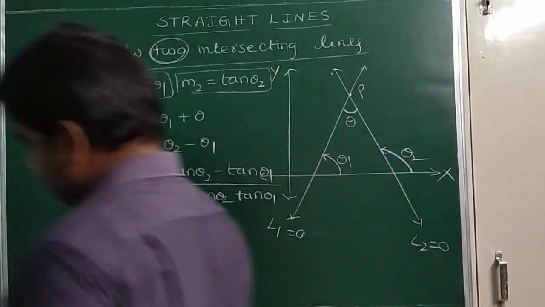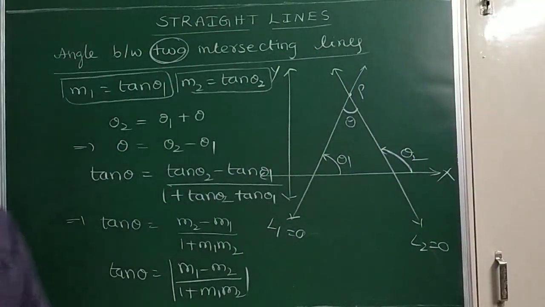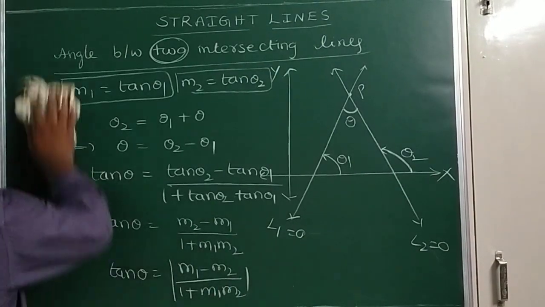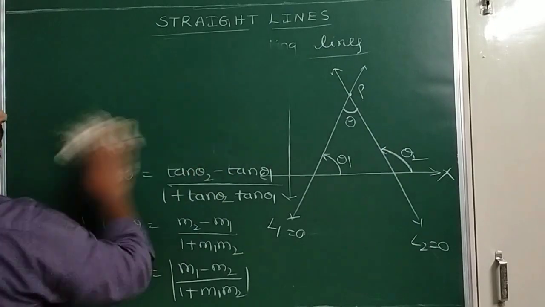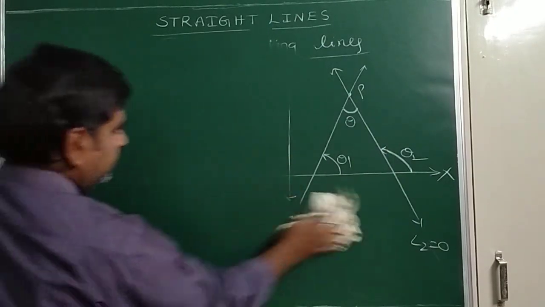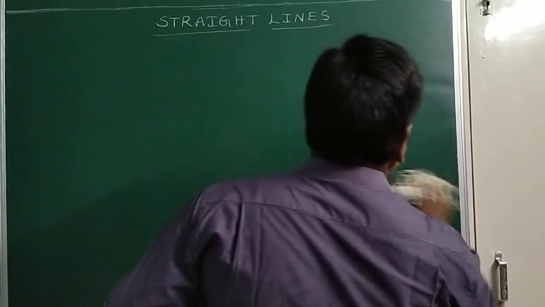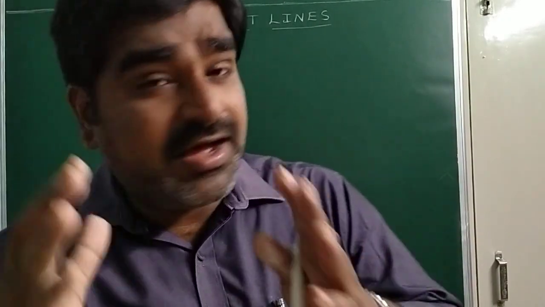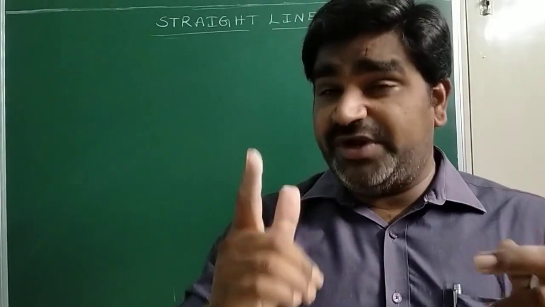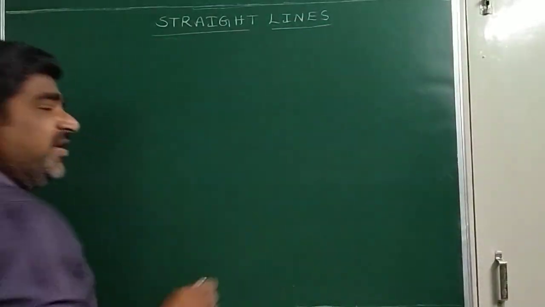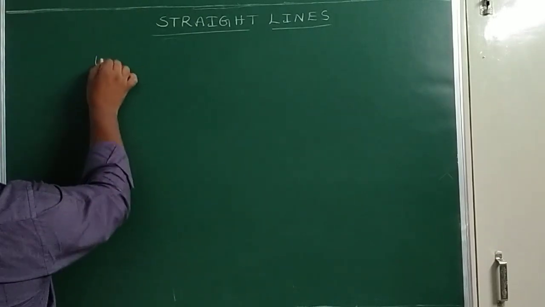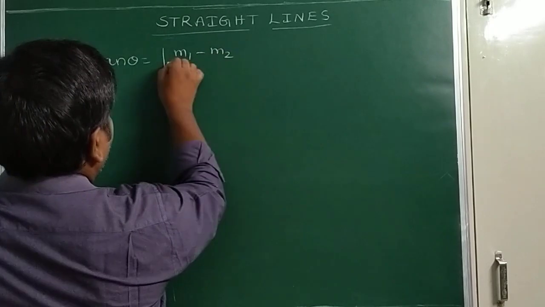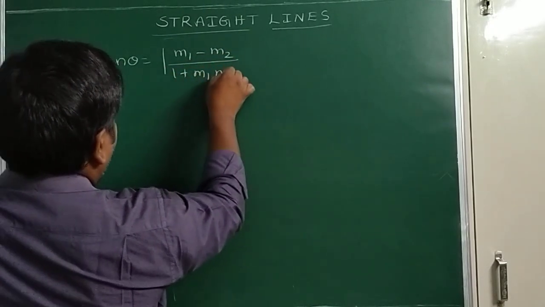Make a note. So, what is the formula? If m1, m2 are the slopes of two intersecting straight lines and theta be the angle between them, then tan theta is equals to modulus of m1 minus m2 by 1 plus m1 m2.